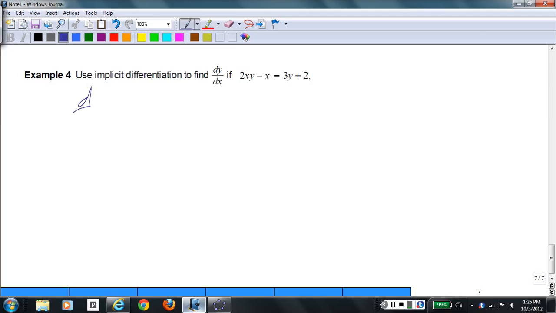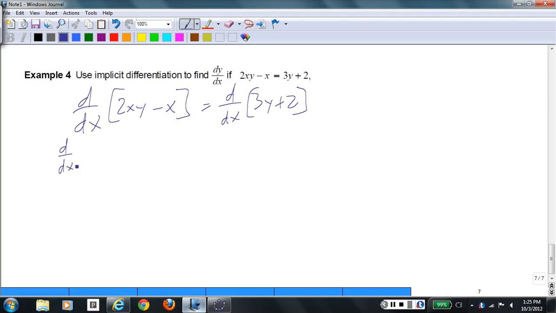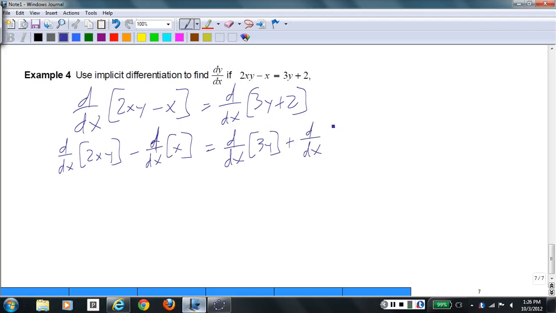d/dx of 2xy minus x equals d/dx of 3y plus 2. d/dx of 2xy minus d/dx of x equals d/dx of 3y plus d/dx of 2.